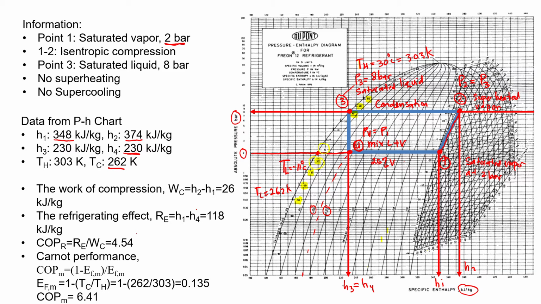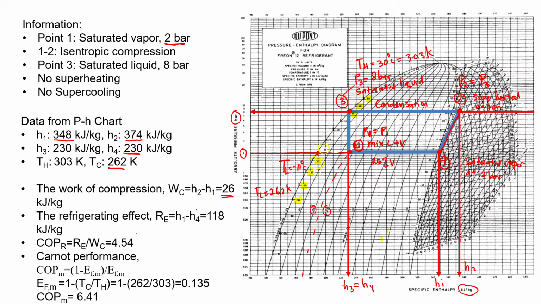So next we look into the question. The work of compression is between 0.1 and 0.2, so it must be H2 minus H1. So H2 minus H1 is 374 minus 348 equal to 26 kilojoule per kilogram. Next is refrigeration effect. Remember, refrigeration effect is when we absorb heat.